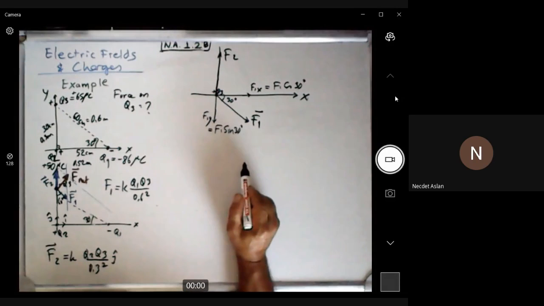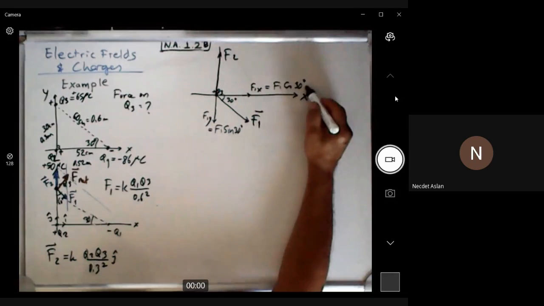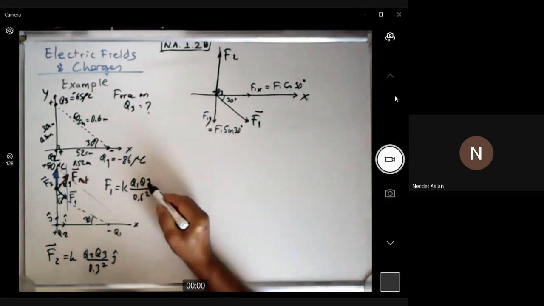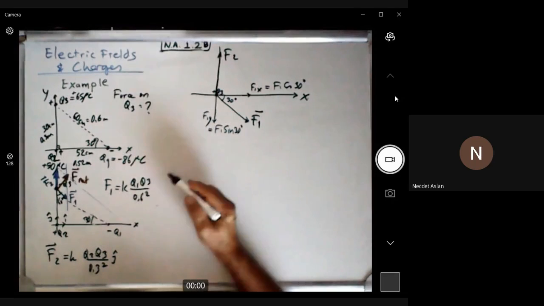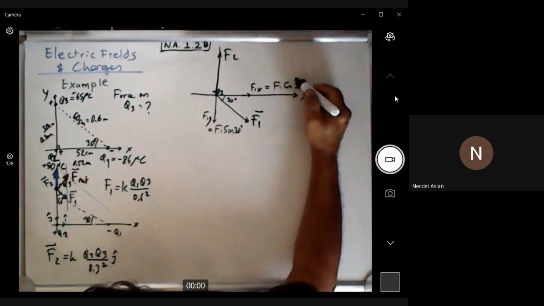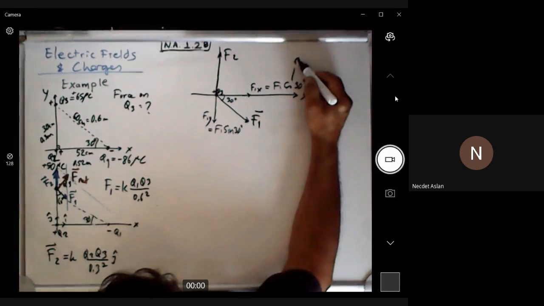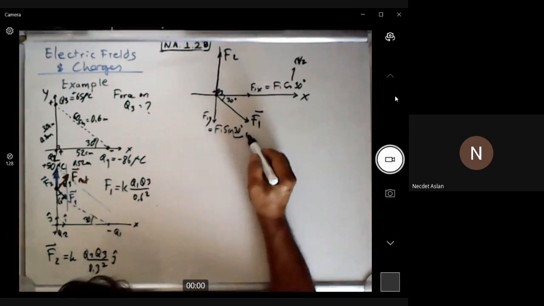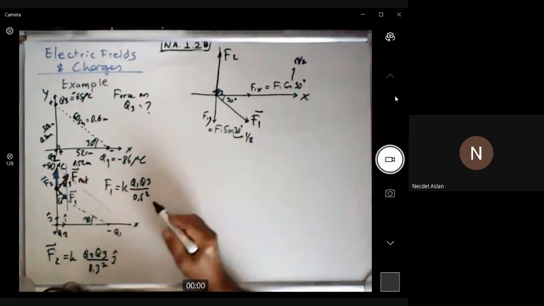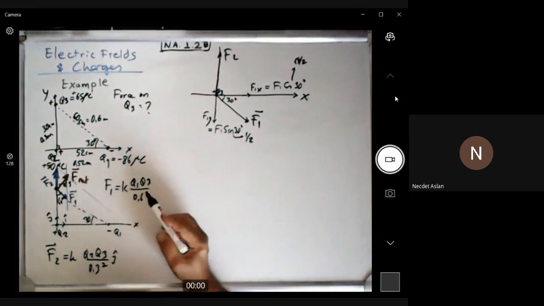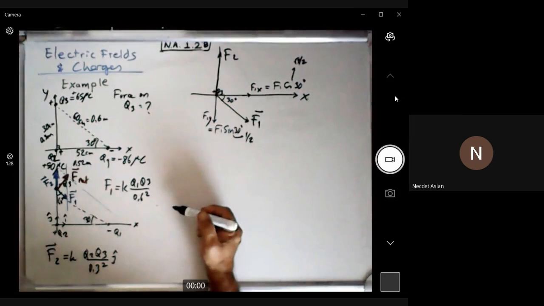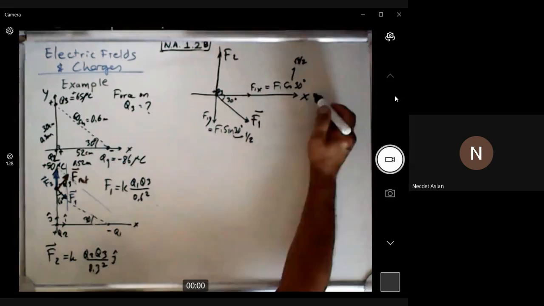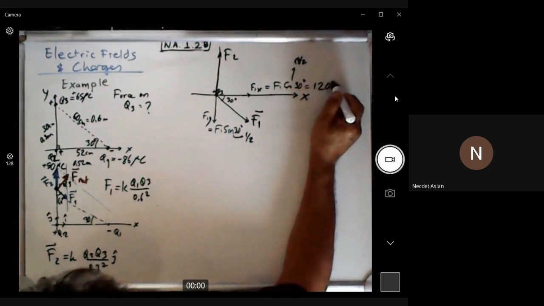So if you find the X components, F1 is given by K Q1 Q3 divided by 0.6 squared, and cosine 30 is square root of 3 over 2, but sine 30 is just 1/2. So if you take the half of this F1, it's just 120 Newton.